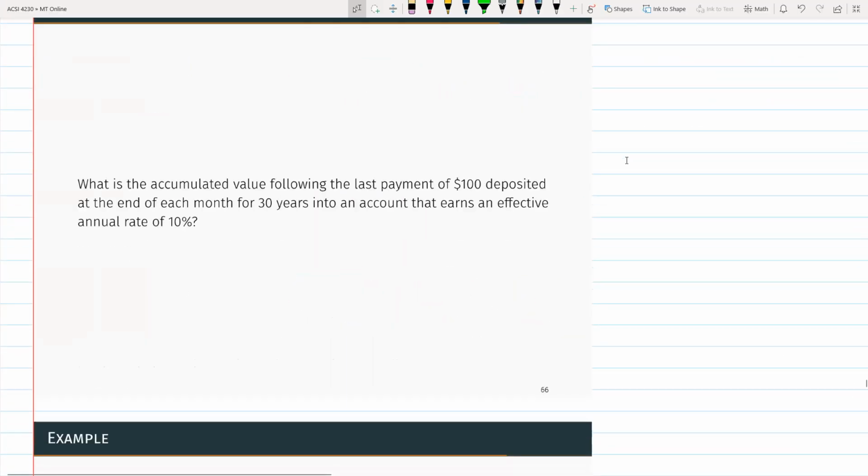What is the accumulated value following the last payment of 100 at the end of each month for 30 years into an account that earns an effective annual rate of 10%? So here is the timeline. 100 deposit at the end of each month for 30 years. Okay, it's the end, so annuity immediate.